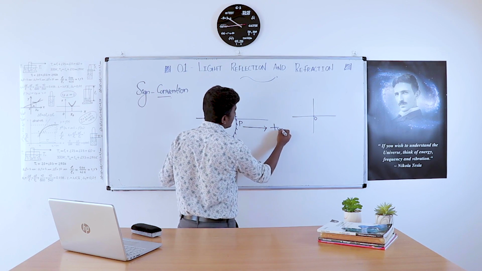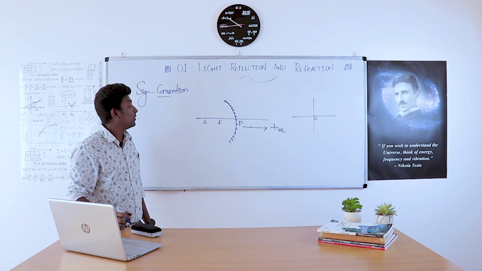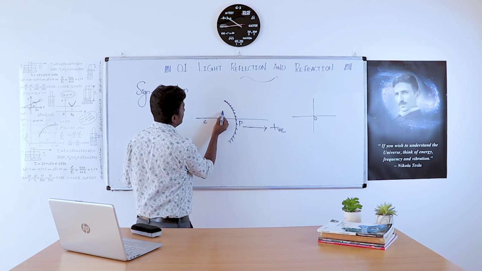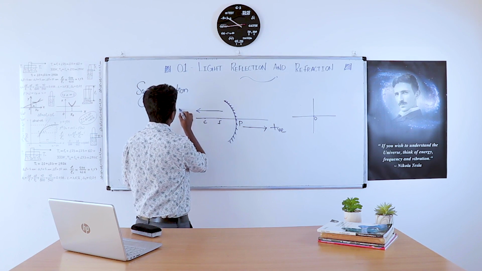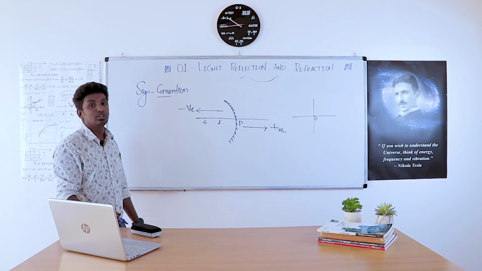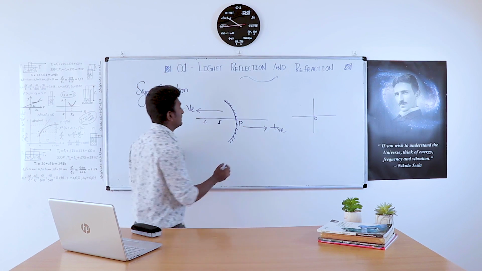Towards the right of the pole, all measurements are taken as positive. Towards the left of the pole, all measurements are taken as negative.